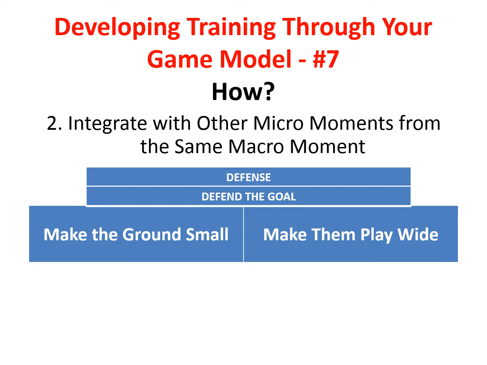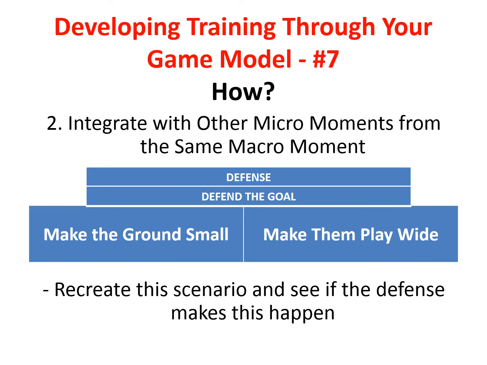If you achieve the first one, which is make the ground small, which is positioning a cluster or a zone right in the immediate kicking space of the ball player, if they don't want to kick down the line to a pack, then they're going to have to play wide, aren't they? So if you make the ground small, you'll get the second bit right, which is make them play wide, which gives you control because they can't play fast.